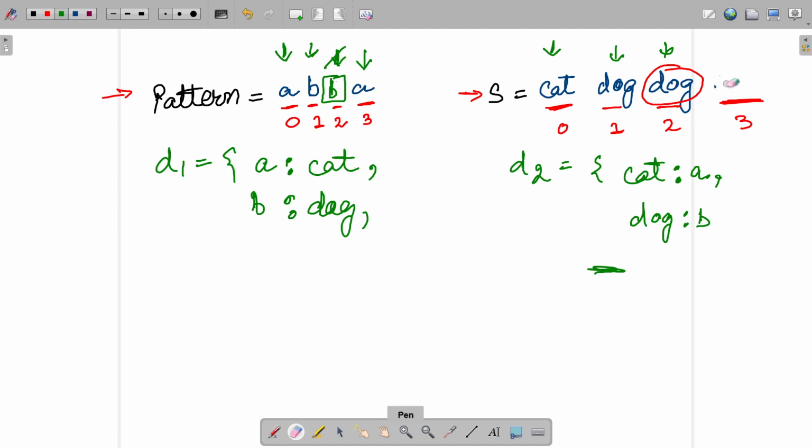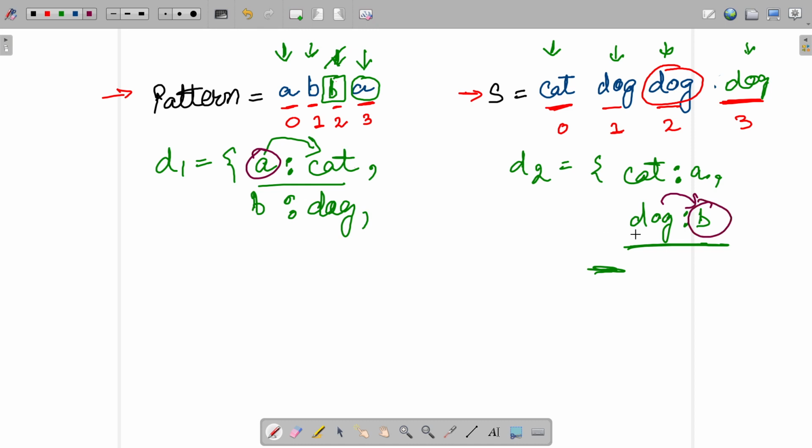Let's write dog again. Now we can see this A is present in dictionary D1, and this dog is also present in dictionary D2. But we know that A is mapped with cat, and dog is mapped with B. Now this A is not equal to B. It means they are not following the same pattern, and here we also return false.